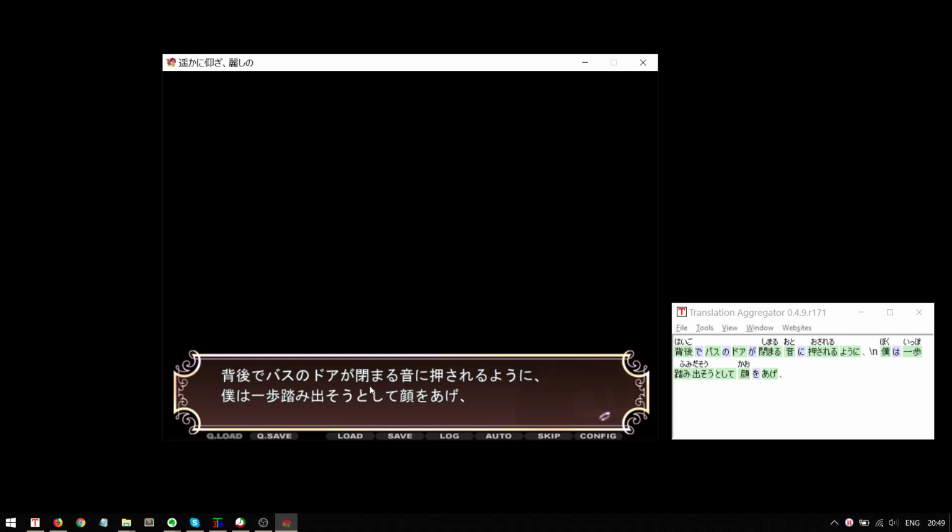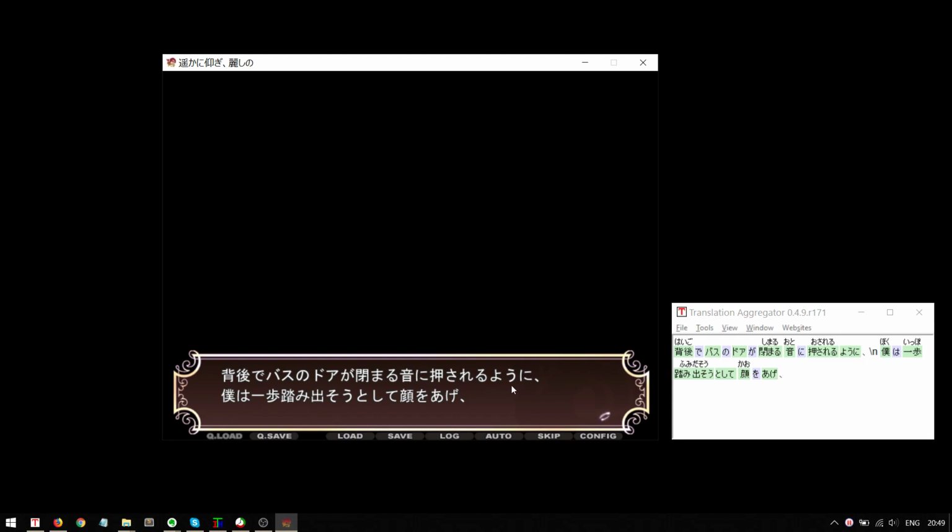Again, this is present tense, so this is modifying 音. ドアが閉まる means the door closes, to be precise, and it's modifying oto, so the sound of the door closing. ni, and this is in passive form. 押す means to push. 押される means to be pushed by. So he's being pushed by the sound of the door closing.